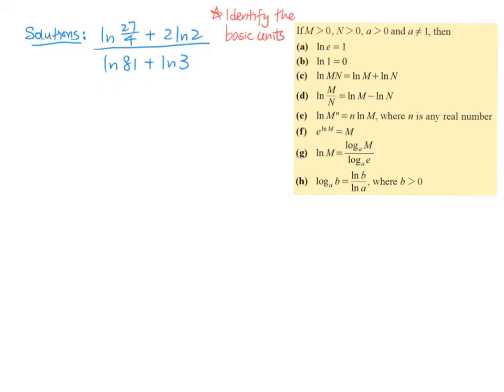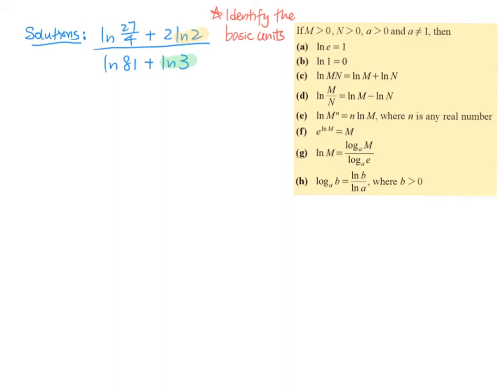To do these kinds of questions, the key is to identify the basic units, for example ln 2 or ln 3, because these are ln of prime factors. If we break these up in terms of ln 2 and ln 3, then we could combine or simplify them.